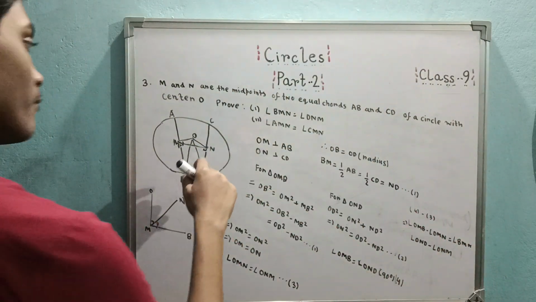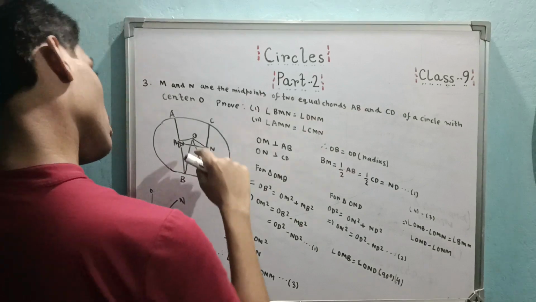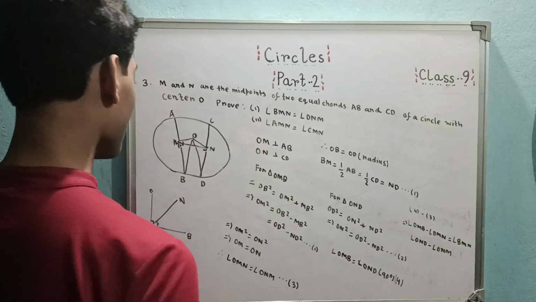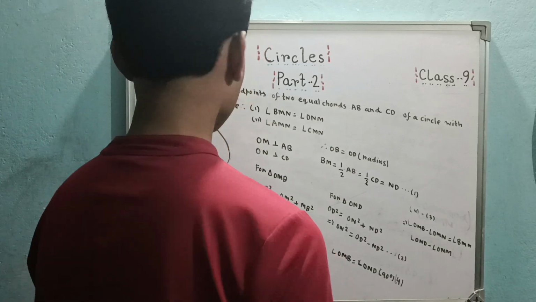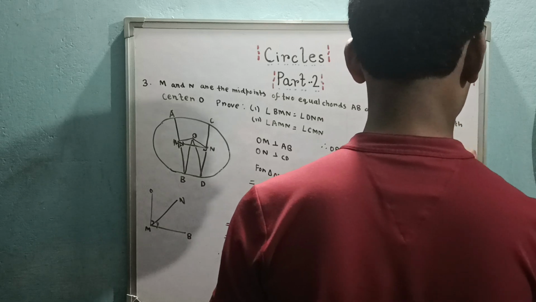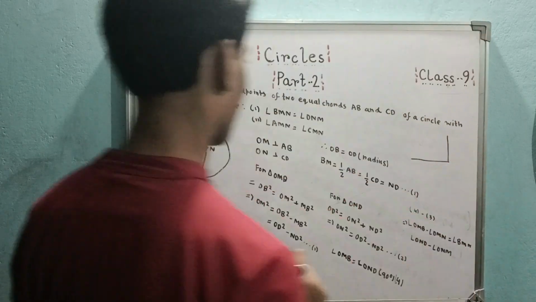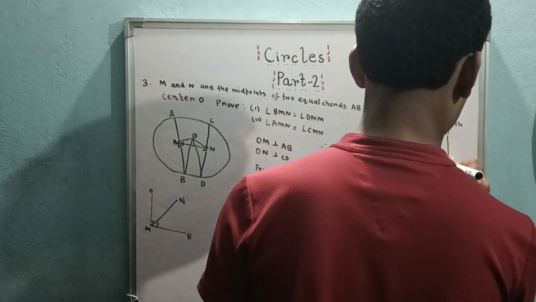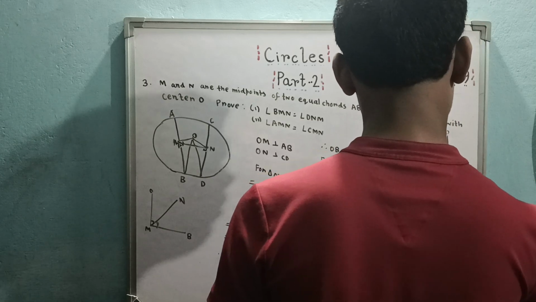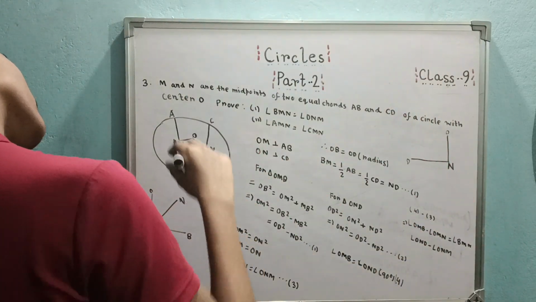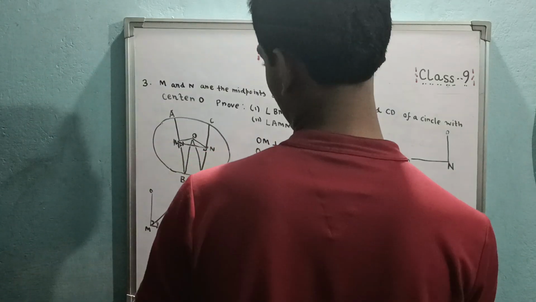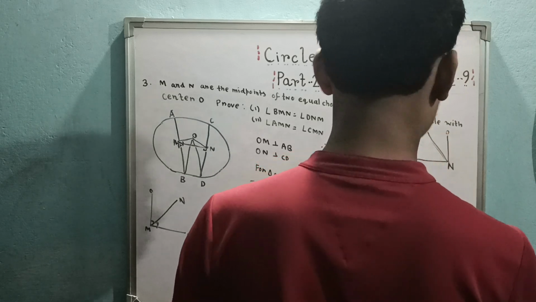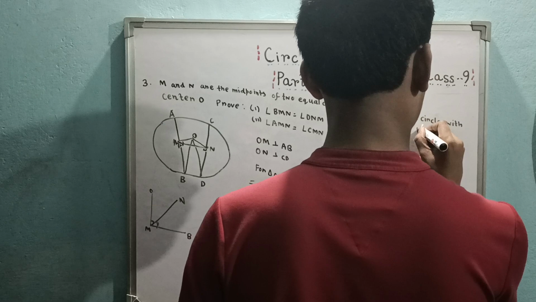Again, from angle OND, if you remove angle ONM, then you have what? DNM remaining. Again, I am showing you. This time it's in the opposite direction. Suppose this is the angle OND, and you have an angle like this. This is ONM.